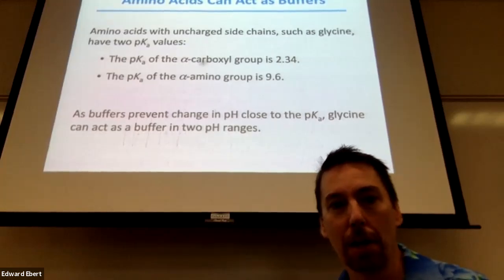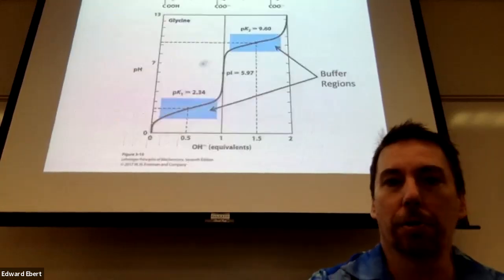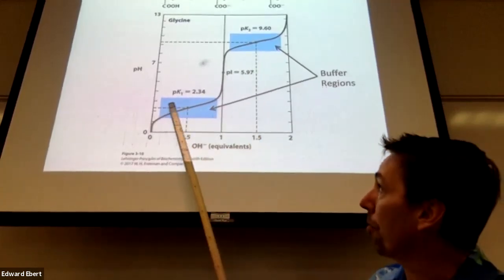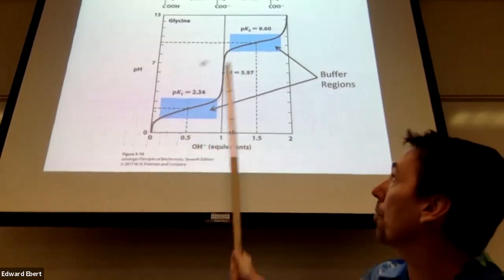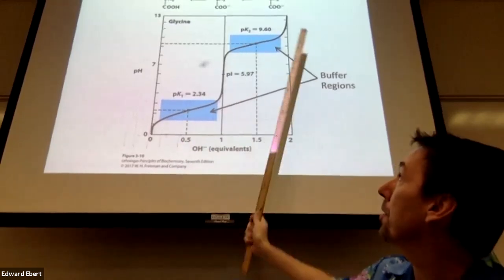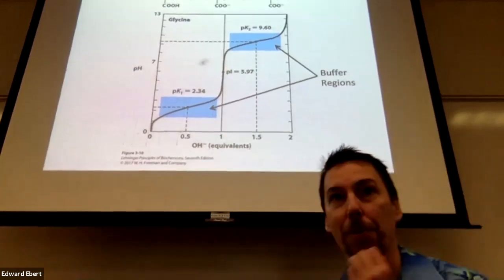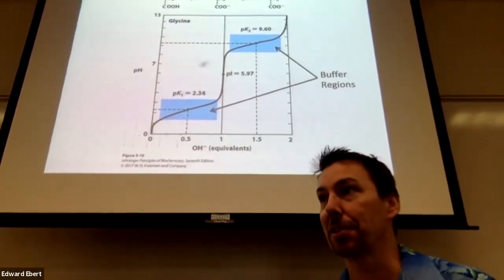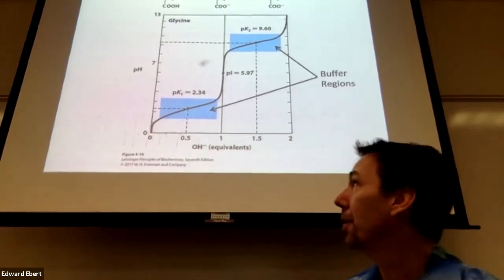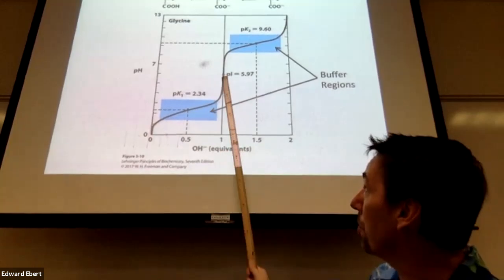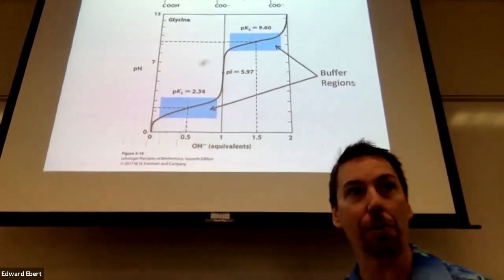So our glycine can act as a nice little buffer in these two ranges, anywhere from 1.34 to 3.34, 8.6 to 10.6. We definitely cannot make a buffer with glycine around pH 6, because at our isoelectric point, a very small change in pH is going to give you a huge change in overall charge.